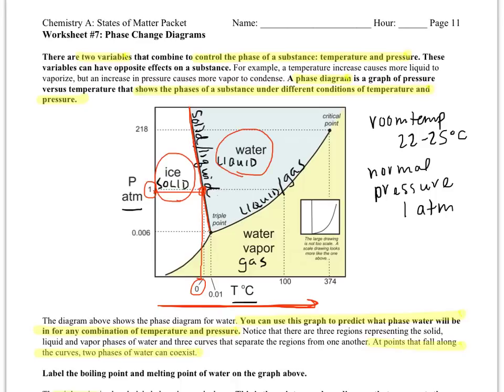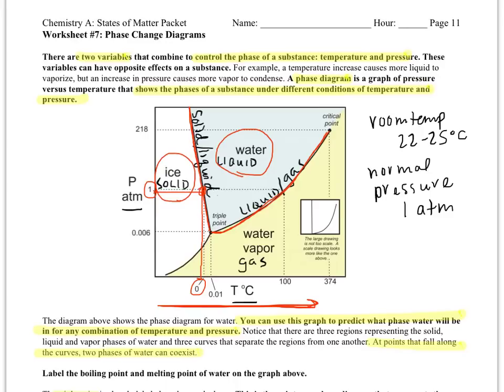Okay, the next region we get to as our temperature increases then is the liquid region, which they labeled here as water because we're being specific to water. Okay, as we continue increasing our temperature, we get to this line that represents where you have both a liquid and a gas existing sort of at the same time. And so anywhere along this liquid gas line would be the boiling point, right? Because when you go from a liquid to a gas, you do so by boiling.